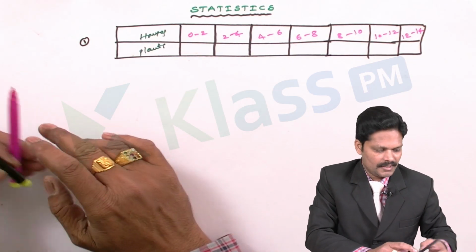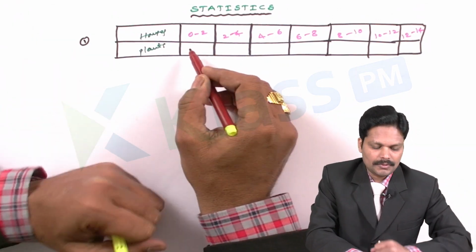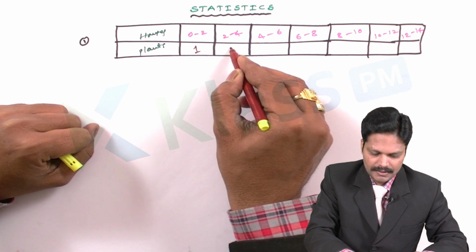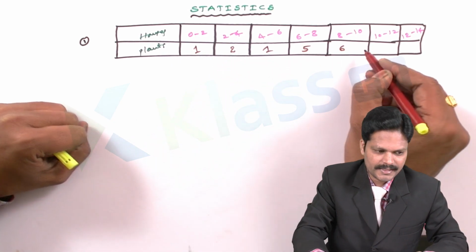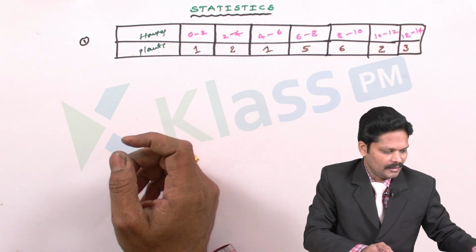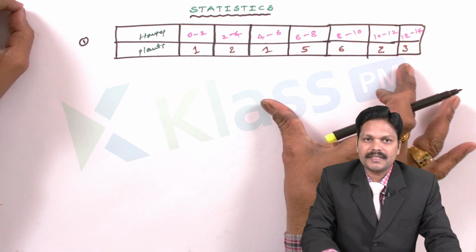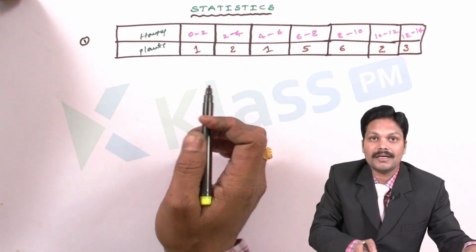In those houses we are having some plants. So in 0 to 2 houses they planted only one plant, and in the next columns 2, 1, 5, 6, 2, 3. In this manner we are having the data. So we need to conclude the answer. We need to arrange it in tabular formation for our convenience.